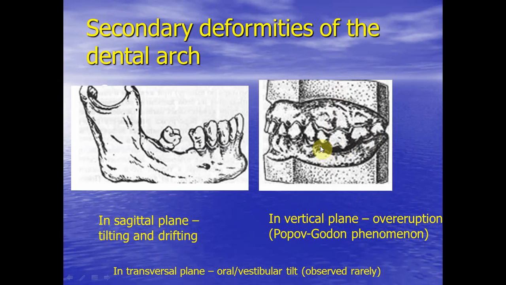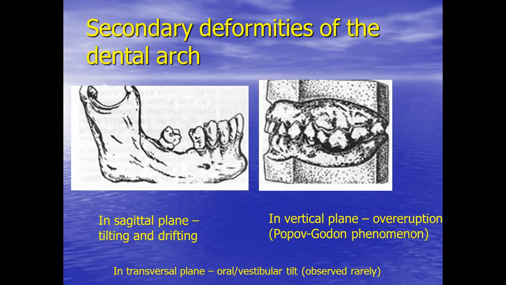The next plane is the sagittal plane. This plane is from back to the front. In this plane we'll see tilting and drifting. This is the next most common kind of displacement. And the third one is displacement in the transversal plane. Transversal plane is from left to right.